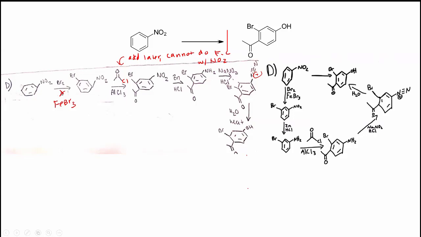And then with this particular student, they did nitration, added the bromine the proper way. We have zinc and HCl to reduce the nitro group. That's fine. And then again, they're trying to do this Friedel-Crafts reaction with the nitrogen, the amine.